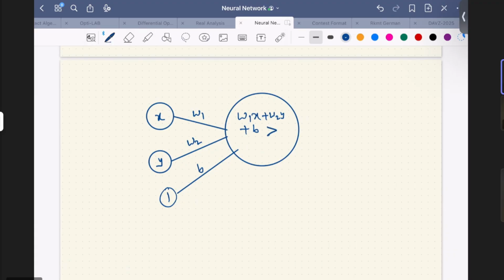You can say w1x plus w2y plus b is greater than 0. If it is true, you can bring one as the output. If it is false, you can say it is 0.